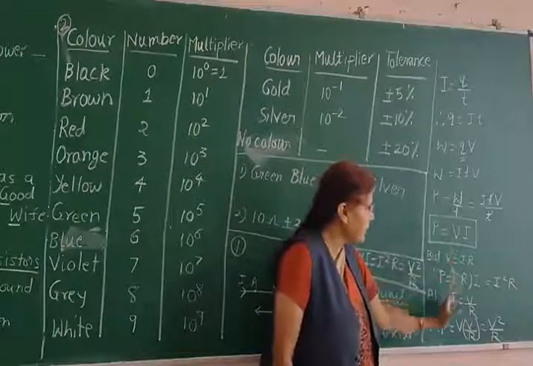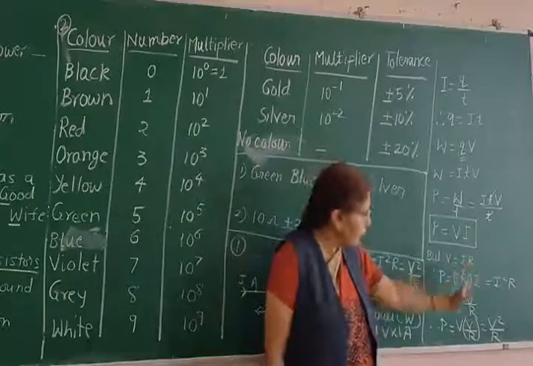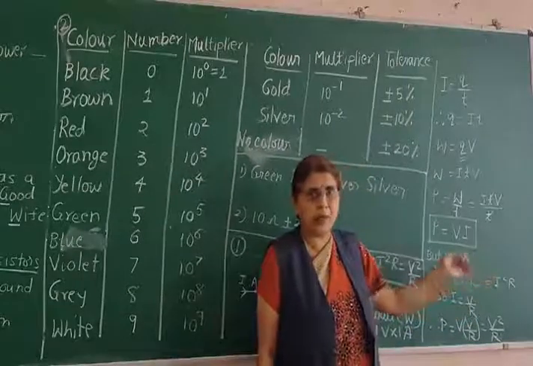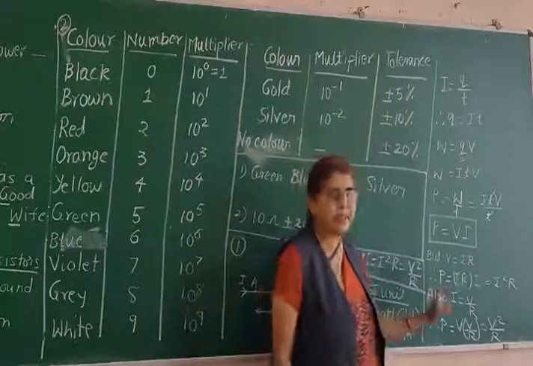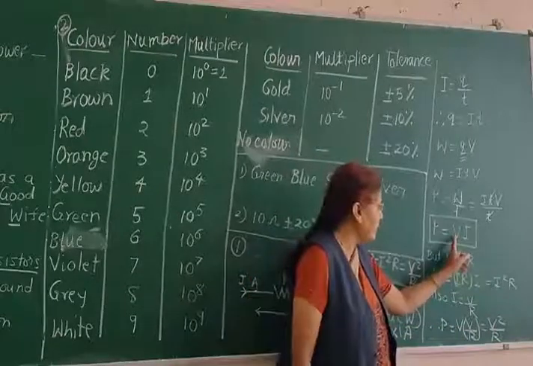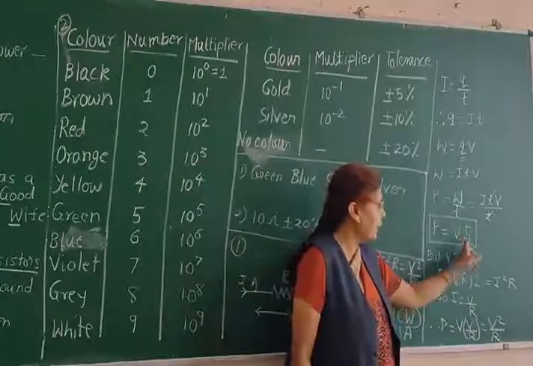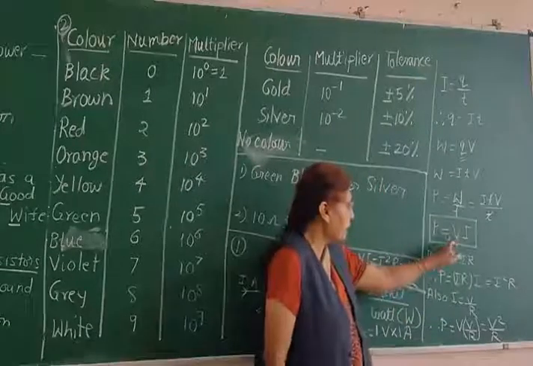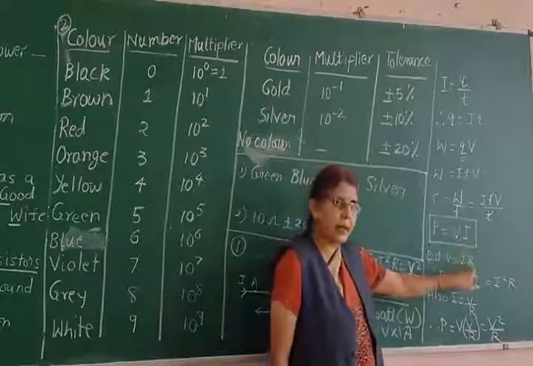Now there are some other forms of power. You need these forms because depending on the problem you have to use the values of I, V and R. What is the other way of expressing the power? Power P equals V into I. This is one derivation. Now you can put V equals I R by Ohm's law.